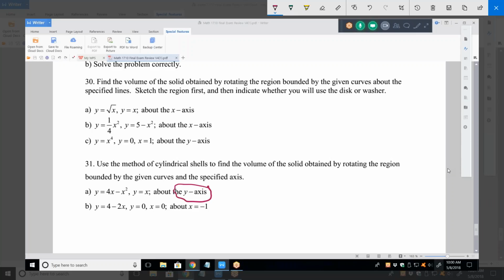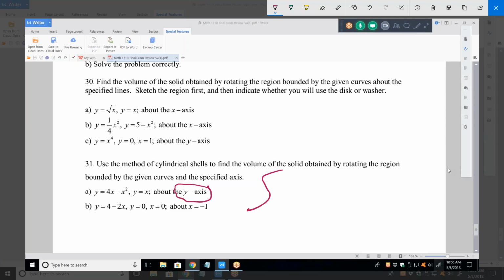But because we're using cylindrical shells, the thickness of each cylinder is perpendicular to the x-axis. So we're integrating along the x-axis. And we are going to integrate from, what does it go from? 2?